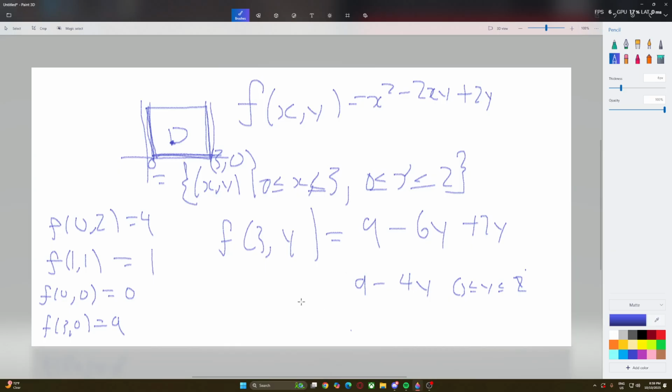So f(3, 0) we've actually already done, and that's 9. And then (3, 2), we get 9 minus 8, that's 1. So we can put that there, (3, 2).